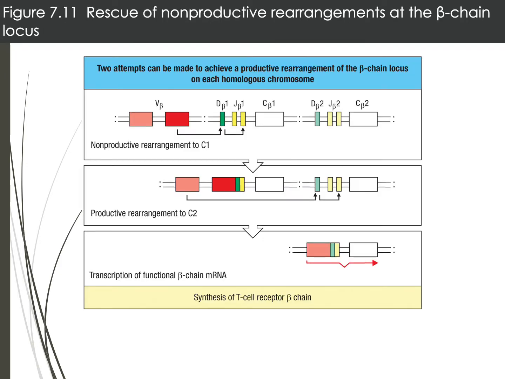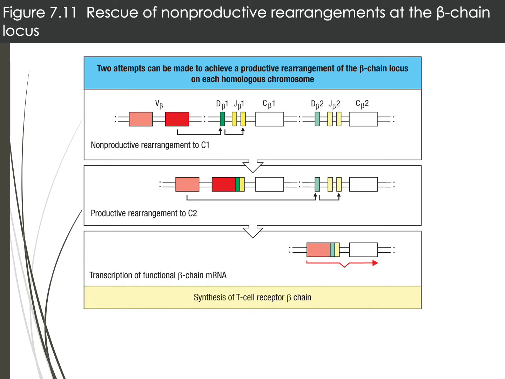All right, and just like the B cell can try to rescue a non-productive rearrangement, a T cell can also do that. This is where I have a disagreement on how this is presented. So kind of ignore the figure you're looking at and think about gene segment recombination for the T cell.